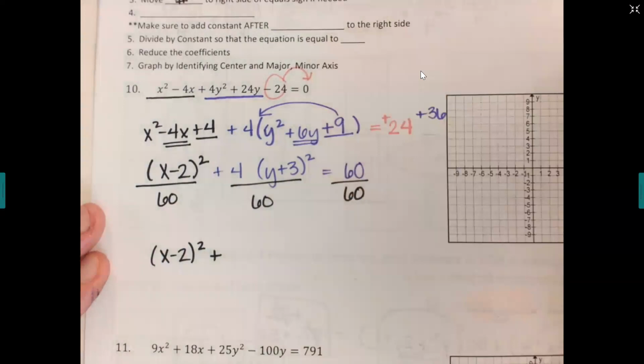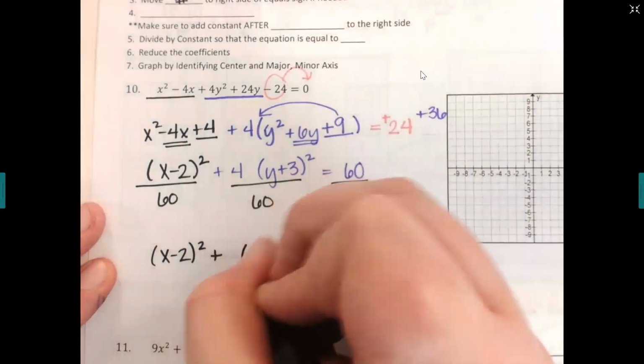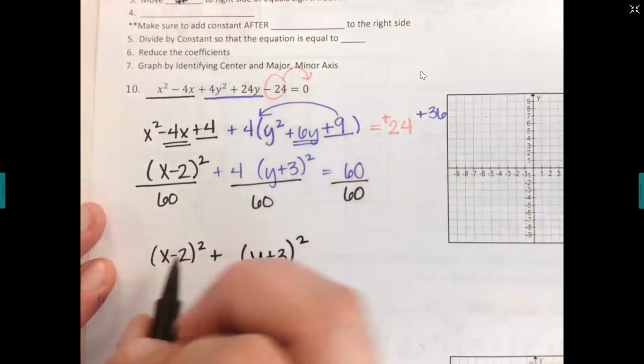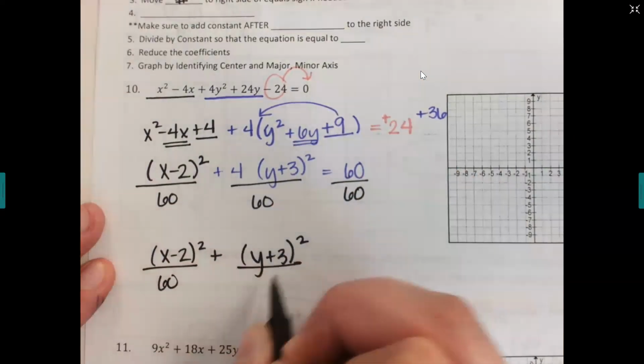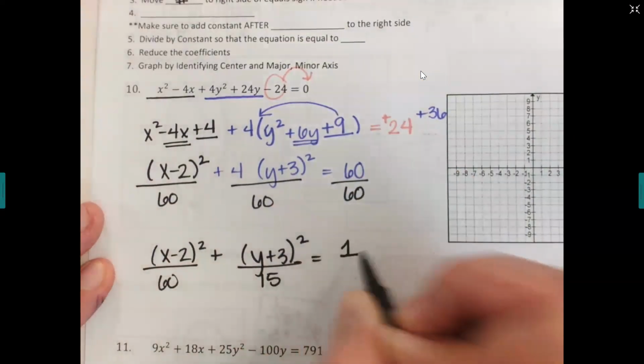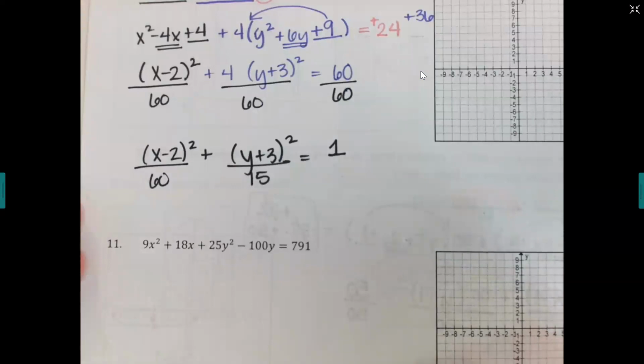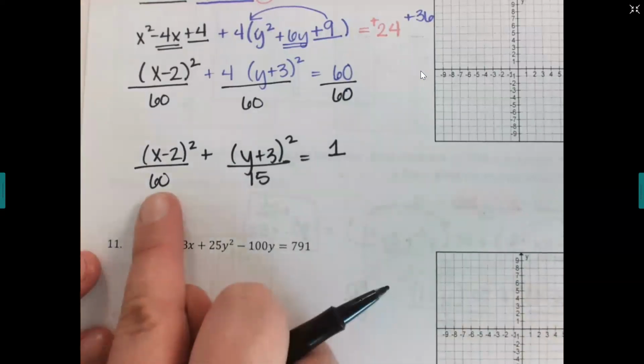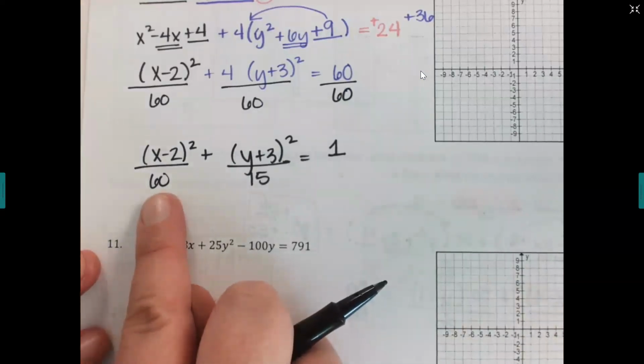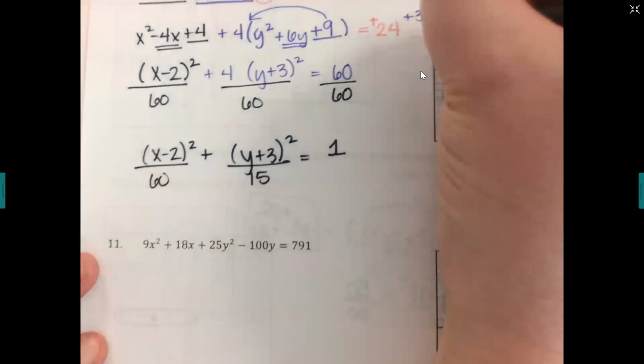Okay, 15. And then a 1. Now, are 60 and 15 perfect squares? That's why it didn't come out to a perfect number.